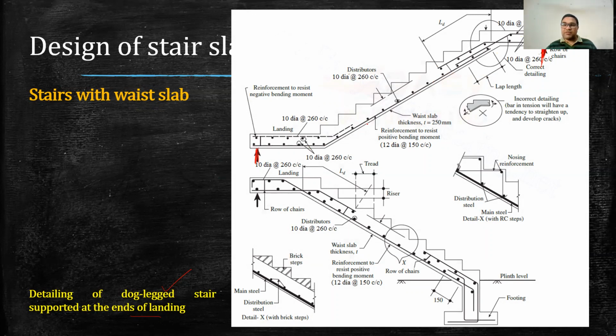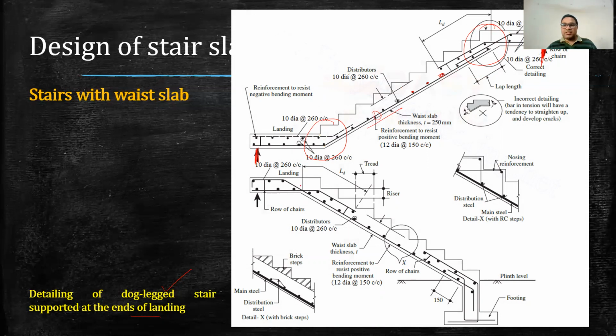One is the main reinforcement, which is running along the length of flight. And as you can see, these dots are the distribution reinforcement, which is provided parallel to the steps. Also, at the junction care is taken, because there are chances that negative bending moment may develop at these junctions. Therefore we provide some extra reinforcement also.